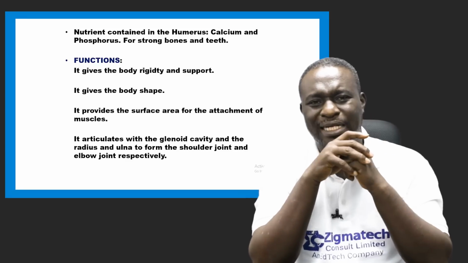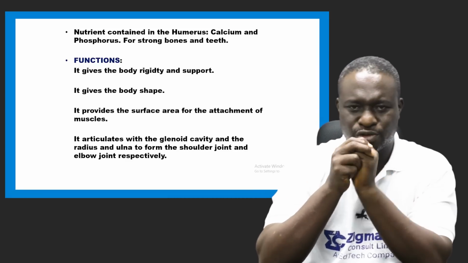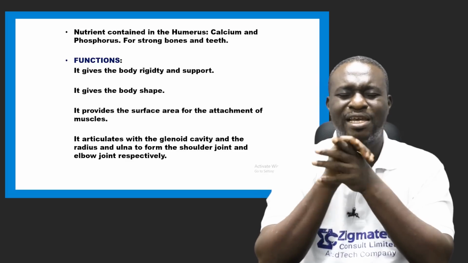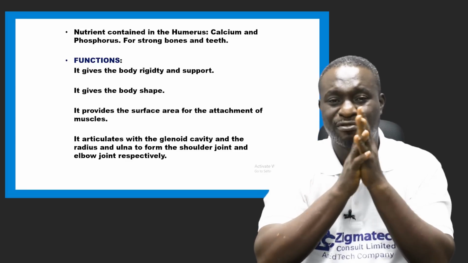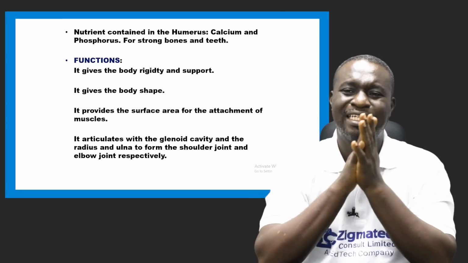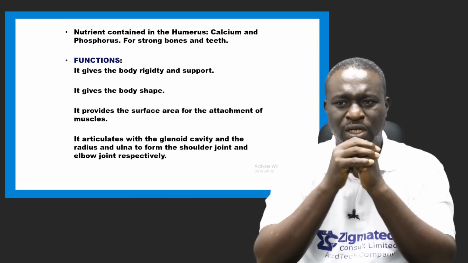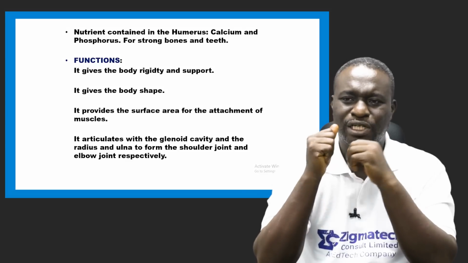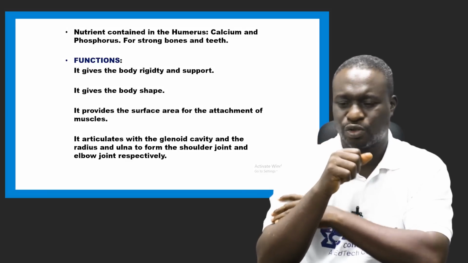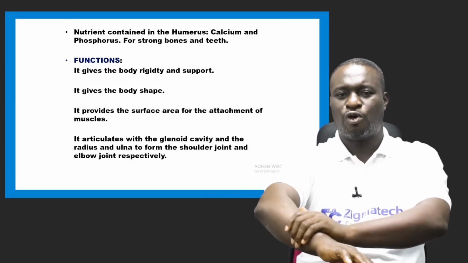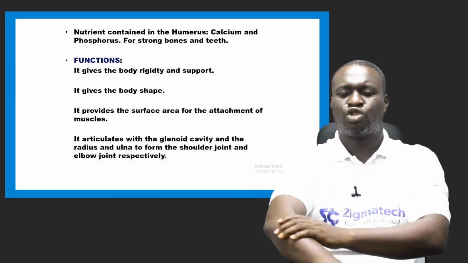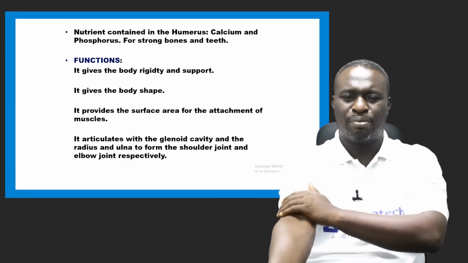Now, let's take a look at the functions of the humerus. The humerus plays a very vital and important function. One of them is that it gives the body rigidity and support. So it provides support for the arm, all right? Number 2, it gives shape to the body.